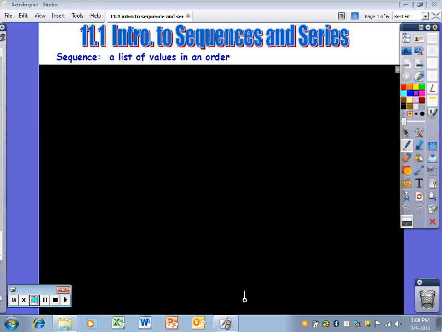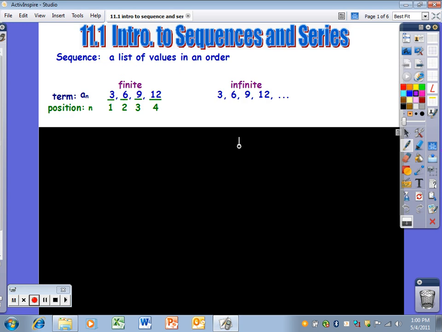Today we're going to talk about 11.1, which is an introduction to sequences and series. A sequence is a list of values in any order whatsoever. And we have two kinds of those lists. They are either finite or infinite.